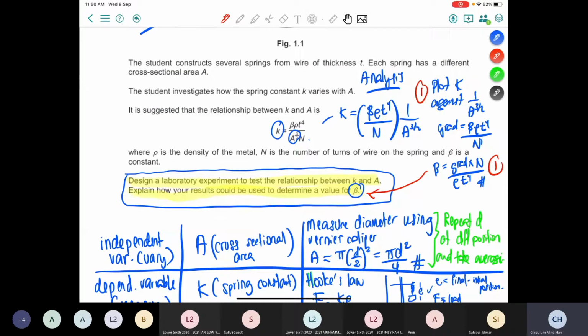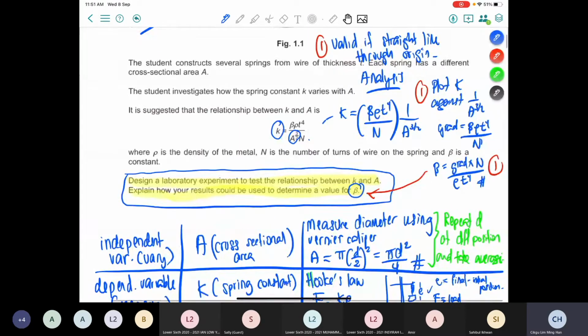And the last mark, don't forget to mention, is valid if straight line. Okay, look at the analysis again. There is no y-intercept, right? So it must be straight line through origin. Yeah, then you should get all the three marks here.